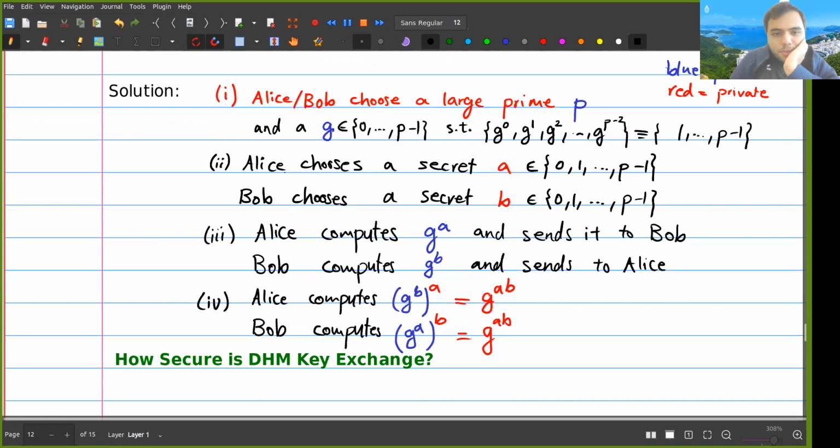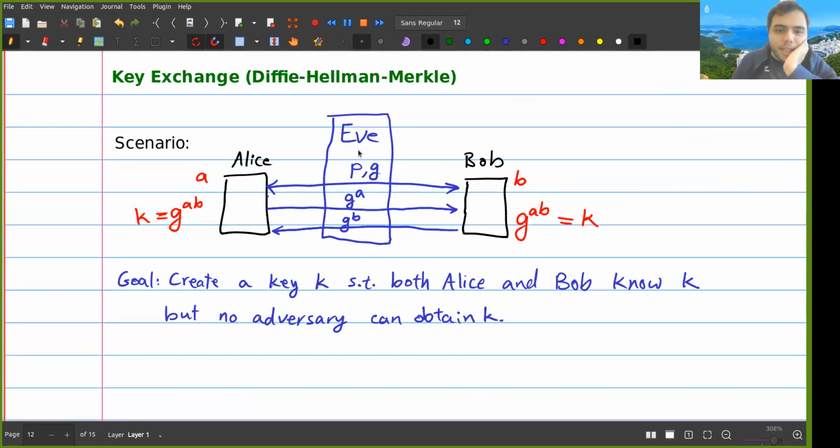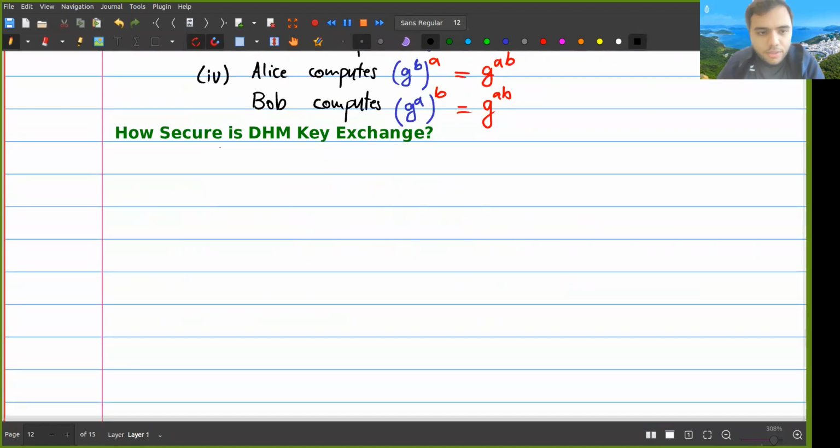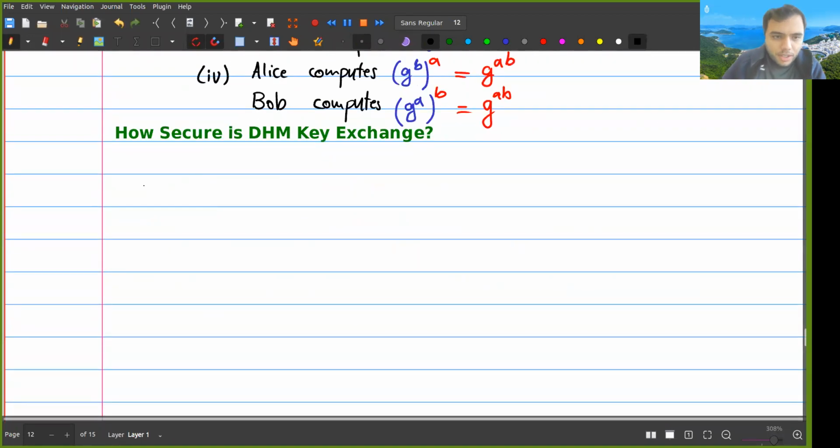So what are we assuming here? We are assuming that an adversary who knows P, G, G to the power of A, and G to the power of B cannot compute G to the power of AB. Okay, so let's write our assumptions down very clearly.